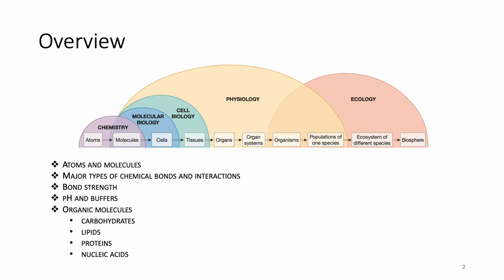In this lecture, we will discuss the atomic and molecular structure, the nature of chemical bonds, and the nature of pH. We will also discuss the structure and functions of organic molecules, specifically the big organic molecules called macromolecules, including carbohydrates, lipids, proteins, and nucleic acids that make up the genetic material.